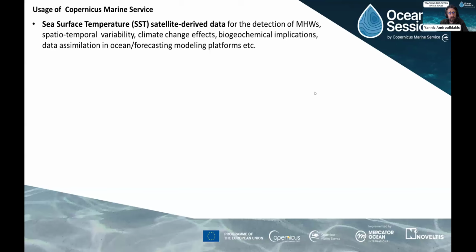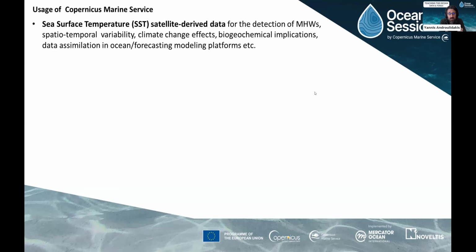First of all, I would like to present some information about how we use Marine Service Copernicus data for our work here, both for research and for teaching. As physical oceanographers, we are very interested in satellite-derived sea surface temperature data.